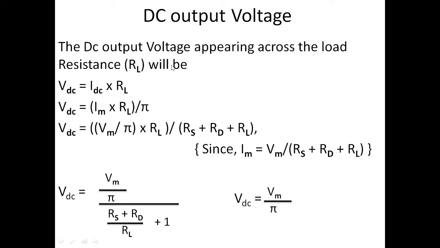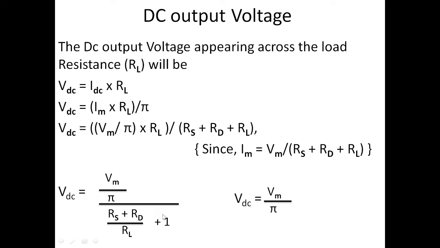Since IDC is Im by pi, substituting we get Im into RL by pi. Similarly, substituting the value of Im in terms of Vm, we get the expression VDC equal to Vm by pi divided by (Rs plus Rt divided by RL, plus 1).